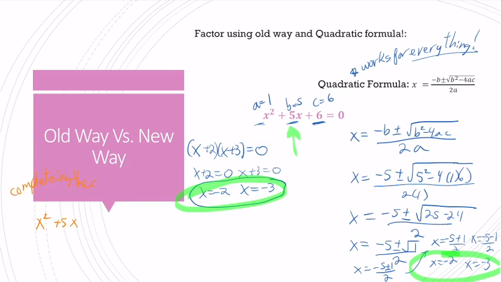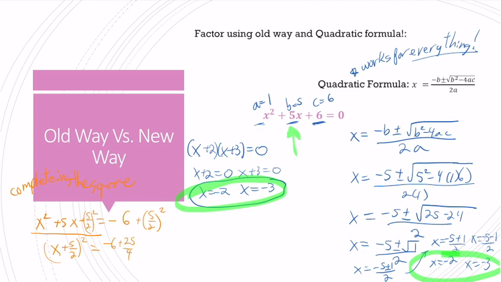I know this isn't in your guided notes, but x squared plus 5x is negative 6. I add 5 over 2 squared to both sides. That means the left-hand side is going to factor to x plus 5 over 2 squared. So I have negative 6 plus 25 fourths.